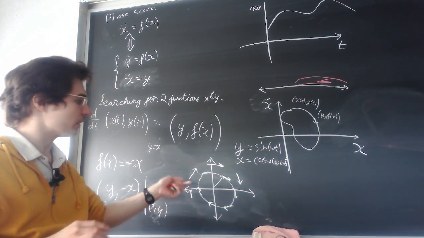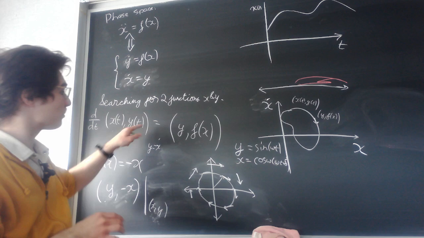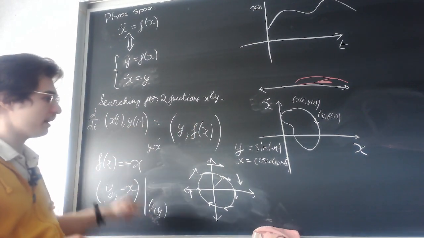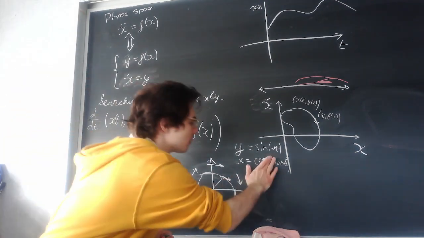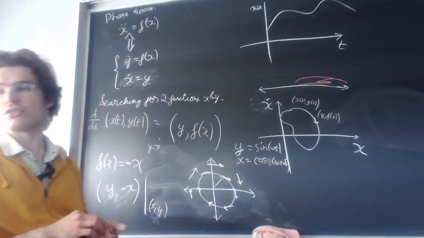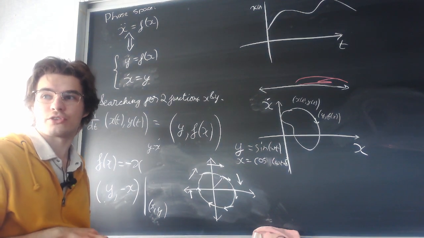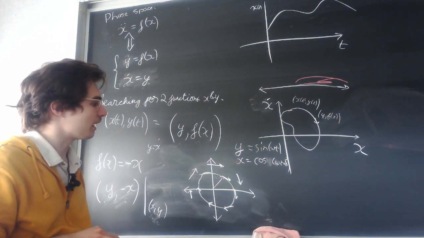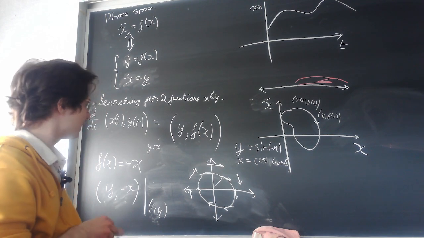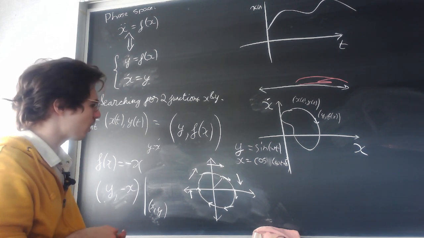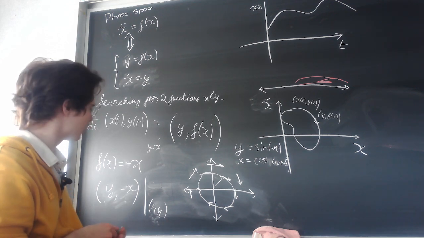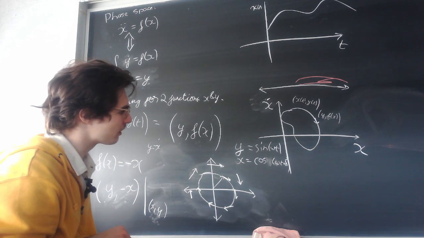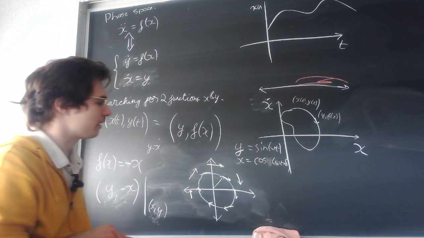Just from plotting these vector fields and studying them, we've managed to essentially guess what the solution to the harmonic oscillator should be. It should be y is sine, x is cos.